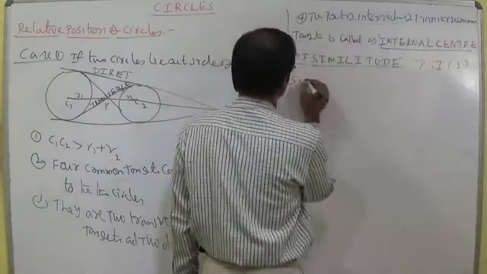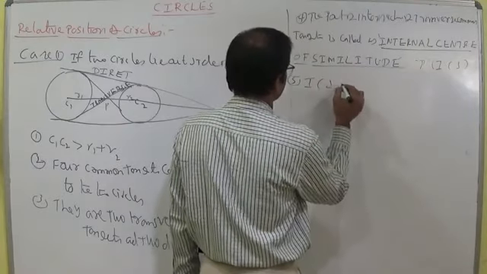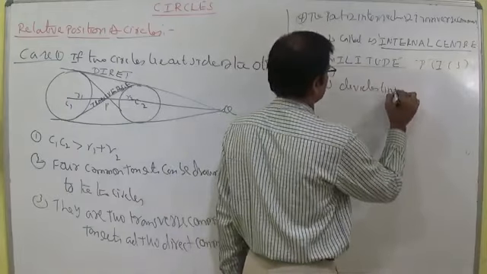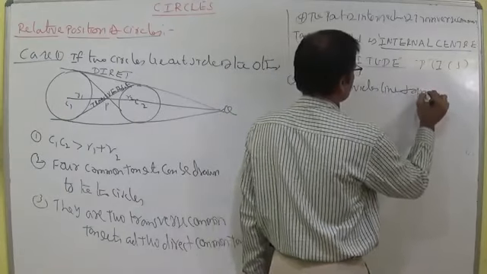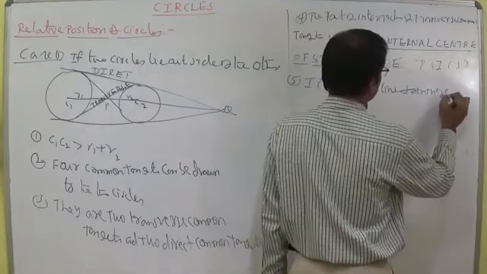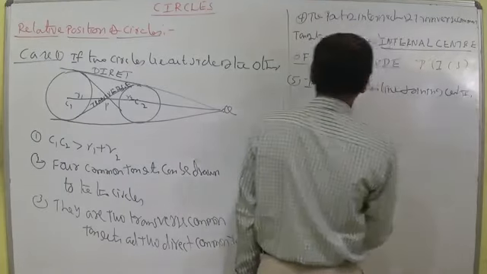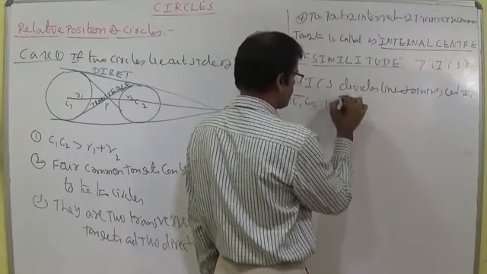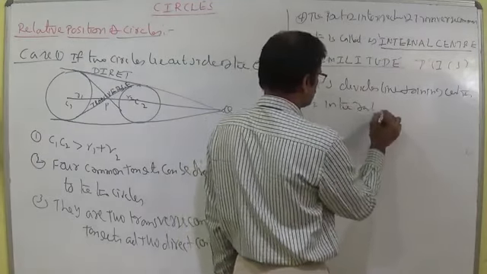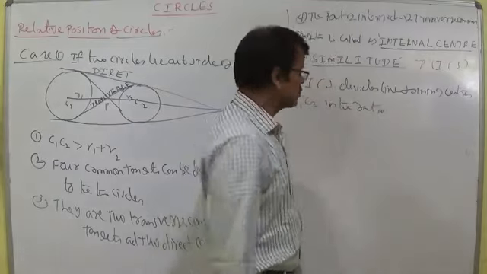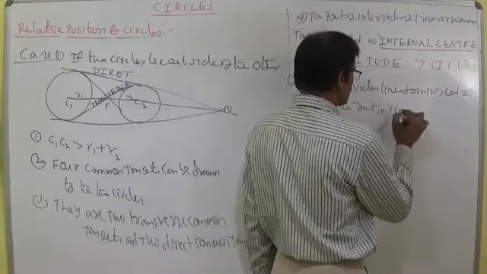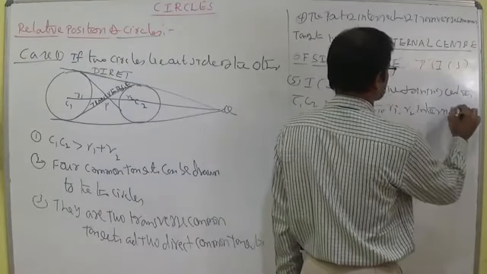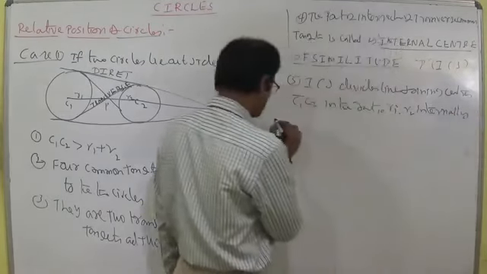Next step you write: ICS divides the line joining centers, C1 C2 bar, in the ratio R1 is to R2 internally.